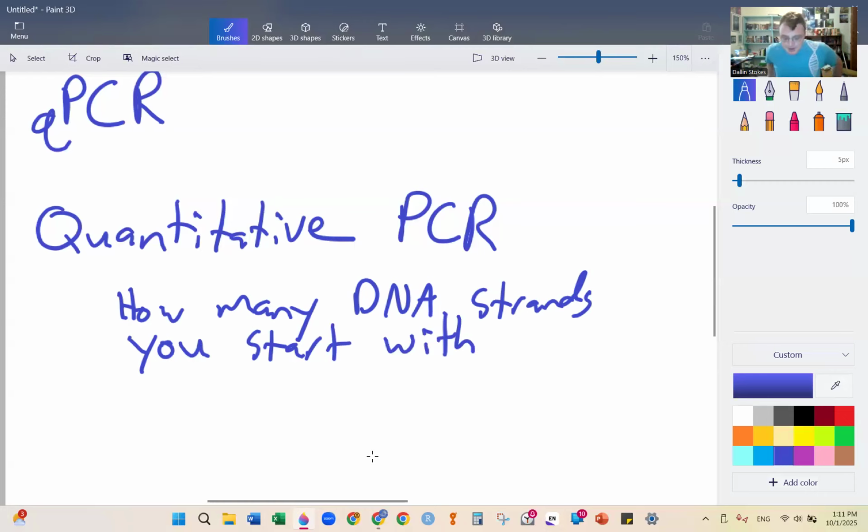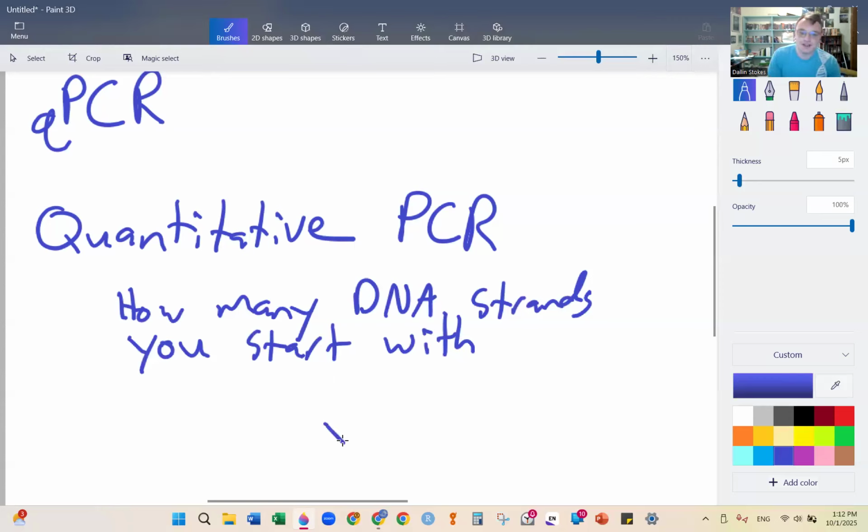Because if you remember, in the last video, we taught you an equation to calculate how many copies of a DNA strand you have after a certain number of rounds of PCR, right?